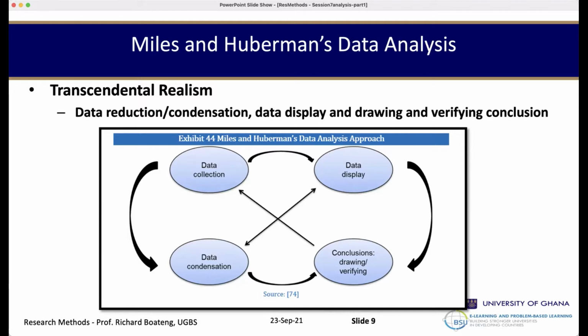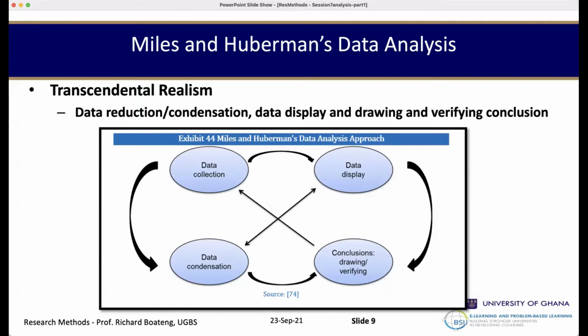And transcendental realism is about moving from one thing to lead to another. So you have collected the data, you are in one part of the world, and you are moving to another part of the world, or another perspective. So you have data collection, data display, data condensation, and then drawing and verifying conclusions.